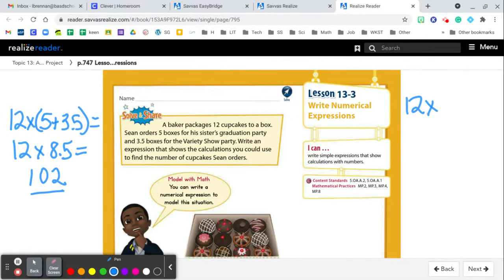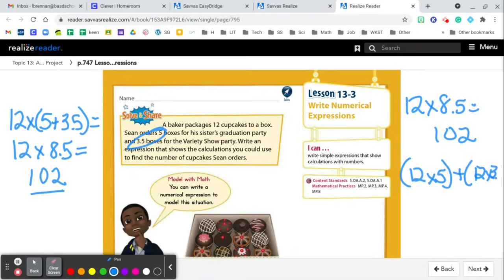Another way is 12 times, and we can mentally add 5 and 3.5 and get 8.5 boxes. You could also divide it up and say 12 times 5 plus 12 times 3.5. And you could do it that way.